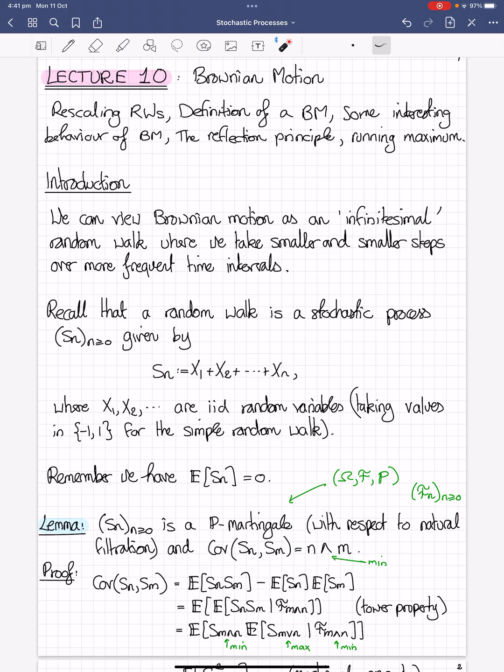We want to develop a mathematical tool that allows us to model those types of phenomena, where the movement occurs in a very small amount of time, and those movements go upwards and downwards, but are not necessarily unit, and are instead normally distributed movements up and down.